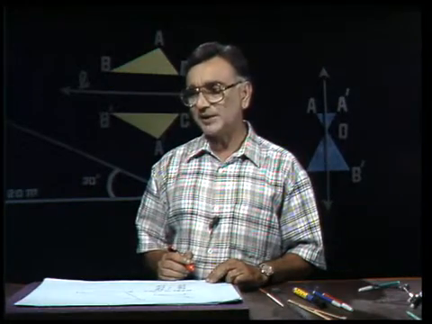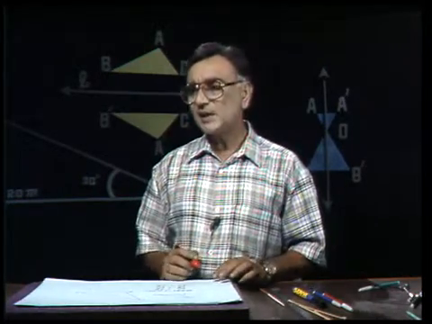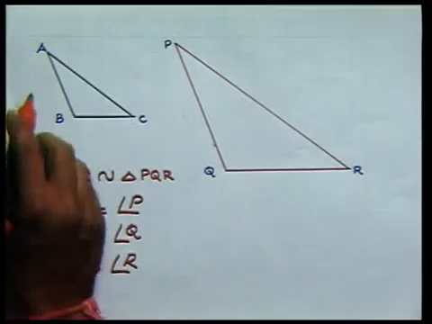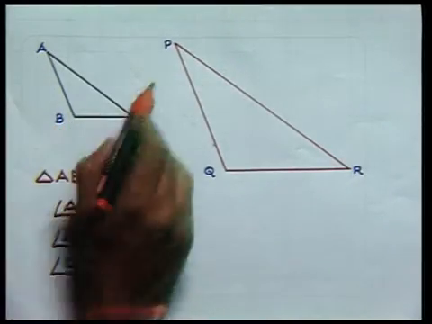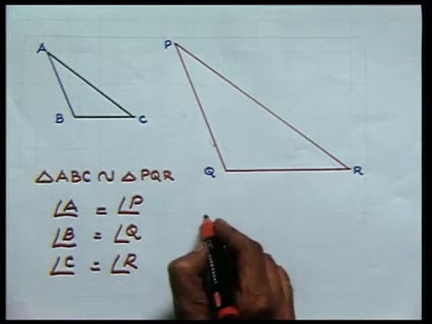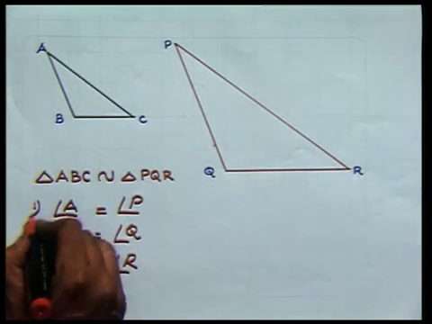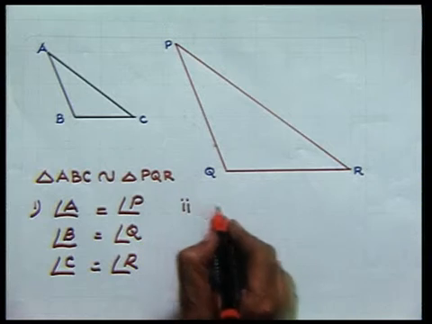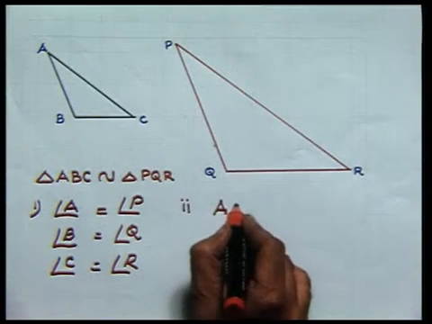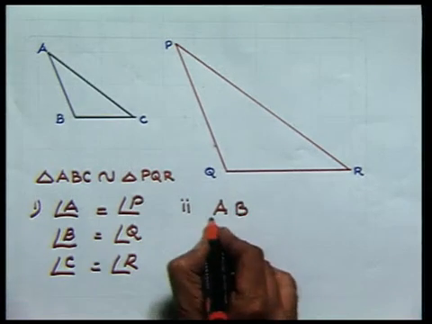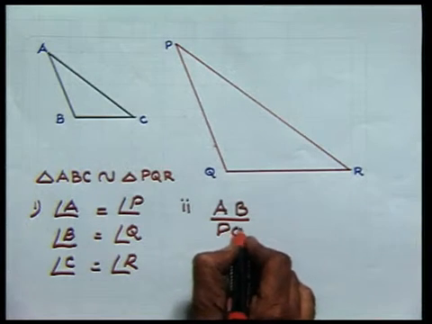What will be the other condition? The corresponding sides will be proportional. Now corresponding to side AB is the side PQ. So the second condition is AB upon PQ.